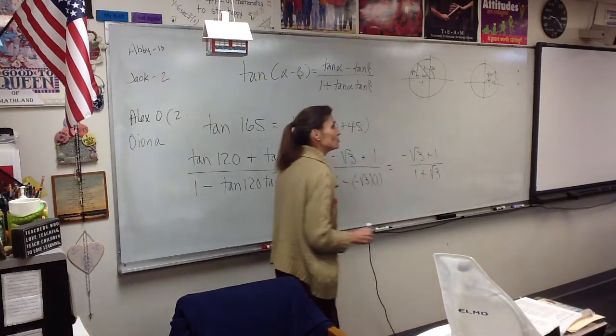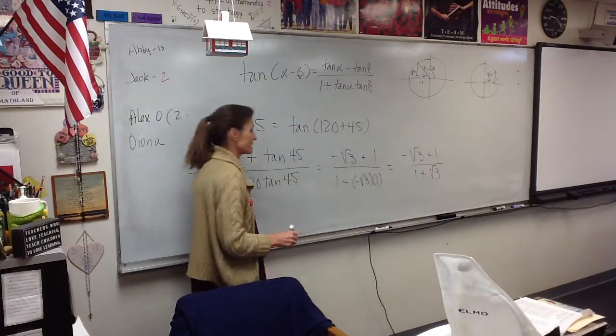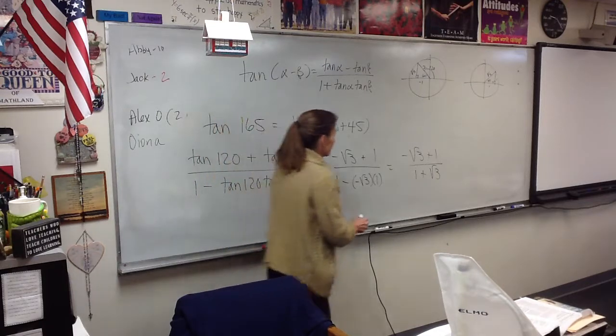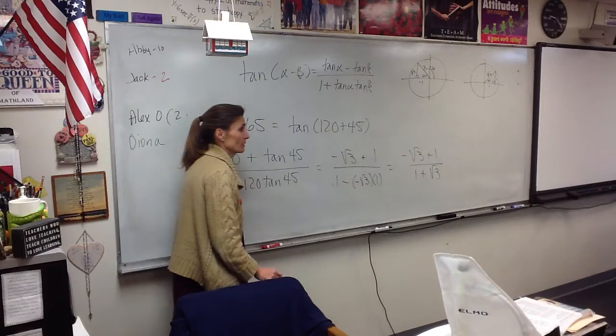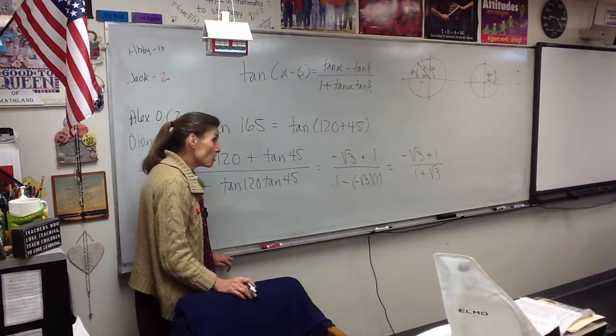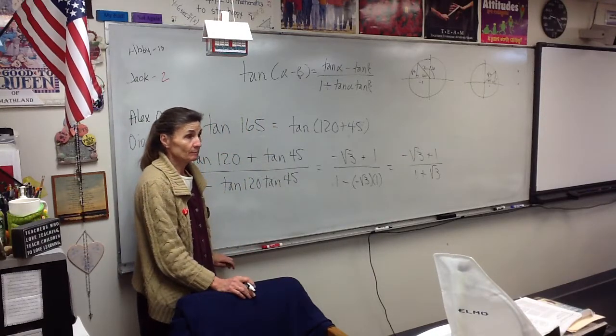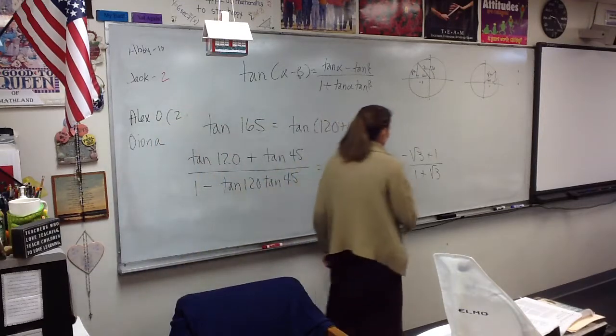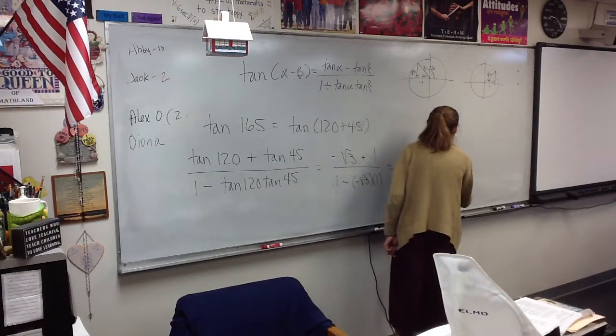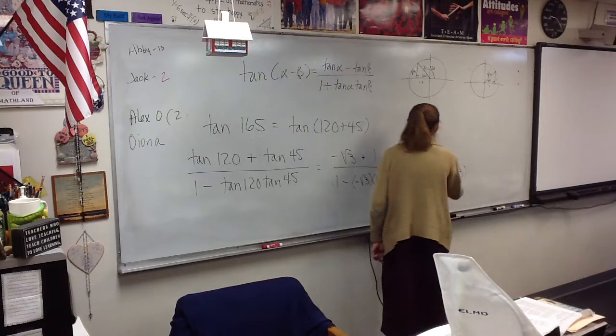Nothing cancels. Do not start canceling things. These plus signs stop you from canceling. What are you going to do with that? You know this. You learned it in second year algebra. The conjugate. Yeah. We're going to multiply by the conjugate of the denominator, which is 1 minus root 3.